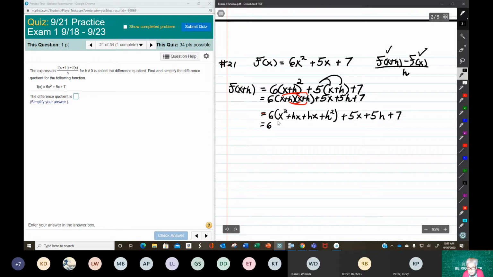Okay, now before I multiply through by my 6, not multiply through, but distribute the 6, notice that I have these like terms that I can add together. If I do that first, I'm a little bit less likely to make a mistake. So x squared, I have 2 of them, so this is 2hx plus h squared, and I write the rest of it down just because I don't want to forget it.